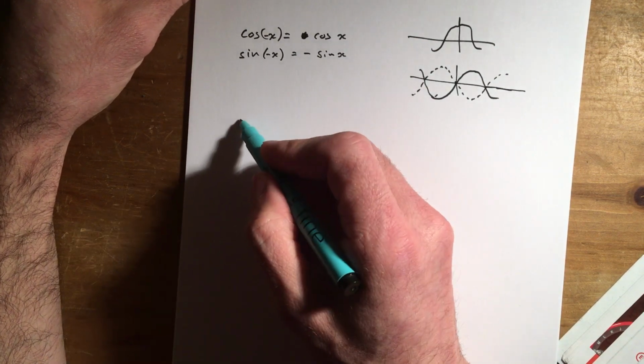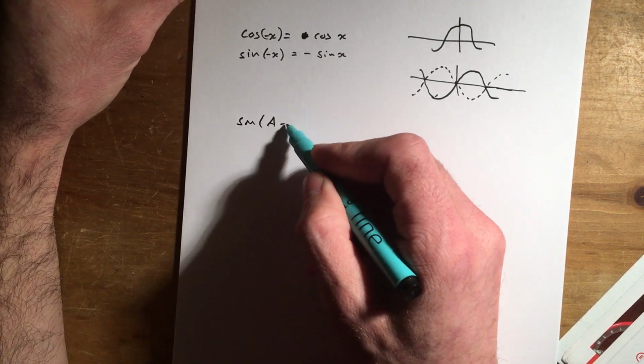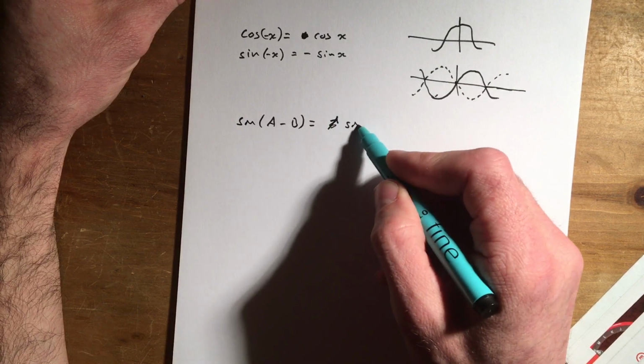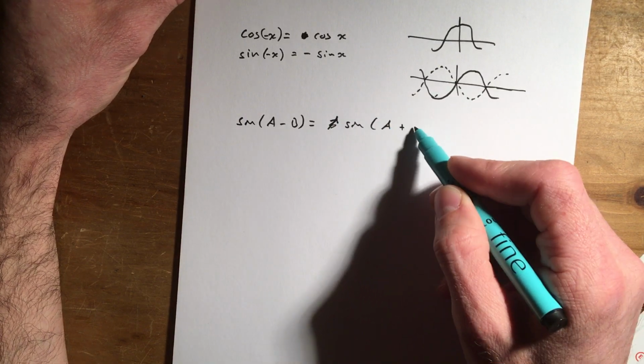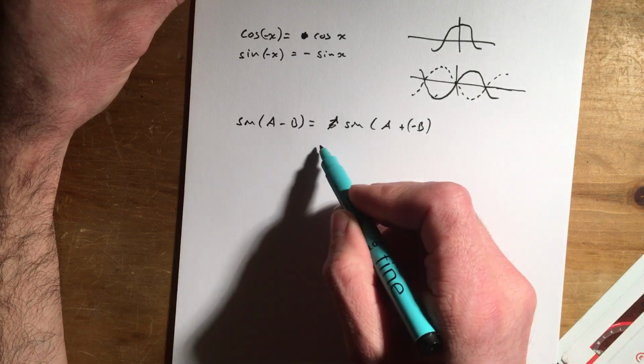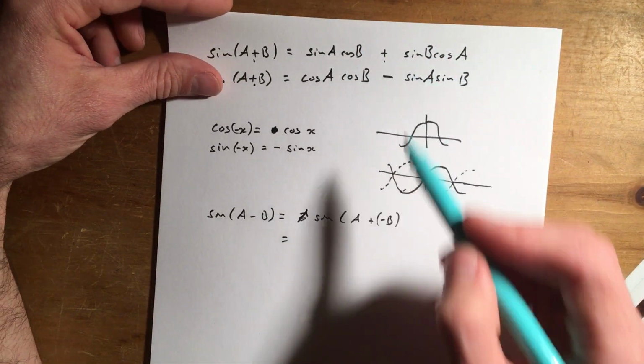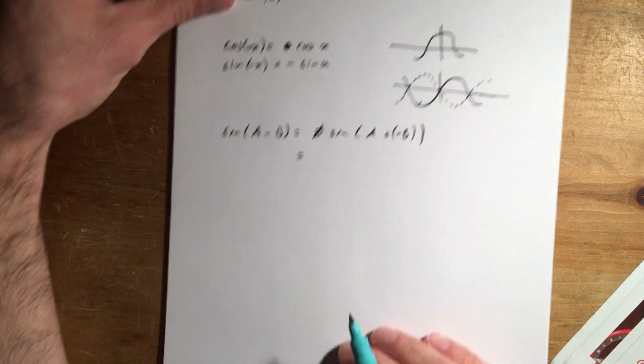So if I now think about sine of A minus B, that's the same as sine of A plus minus B. So everywhere in here that I had a B, I can replace it with a minus B, and it's going to work like this.